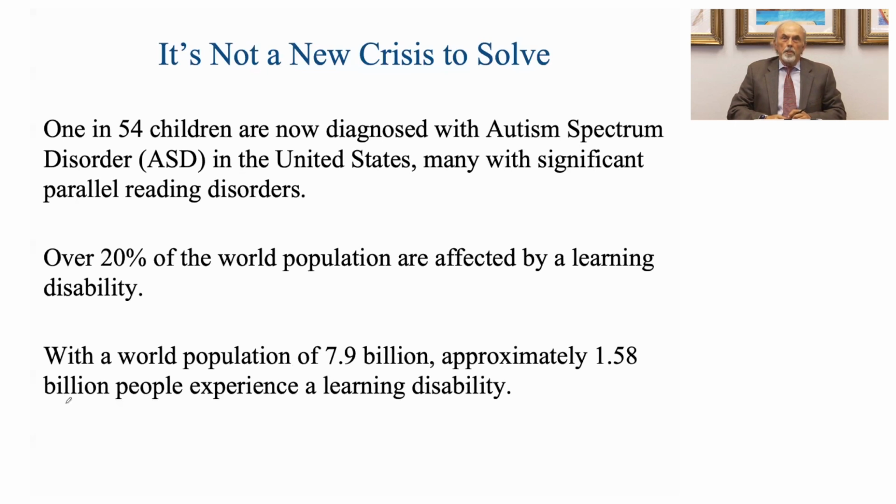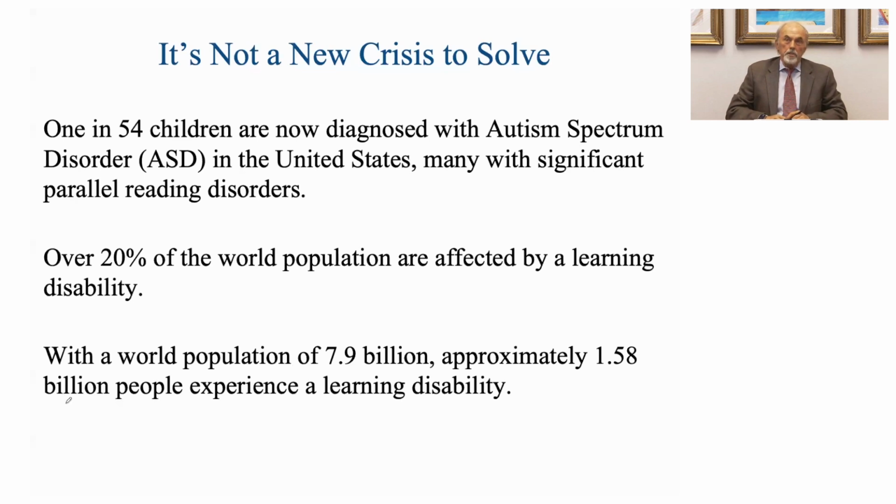Moreover, 1 in 54 children, now talking about the flip side of this issue, are diagnosed with autism spectrum disorders. That's in the United States, many with significant parallel reading disorders. 20% of the world population are affected by learning disabilities if we're looking worldwide.